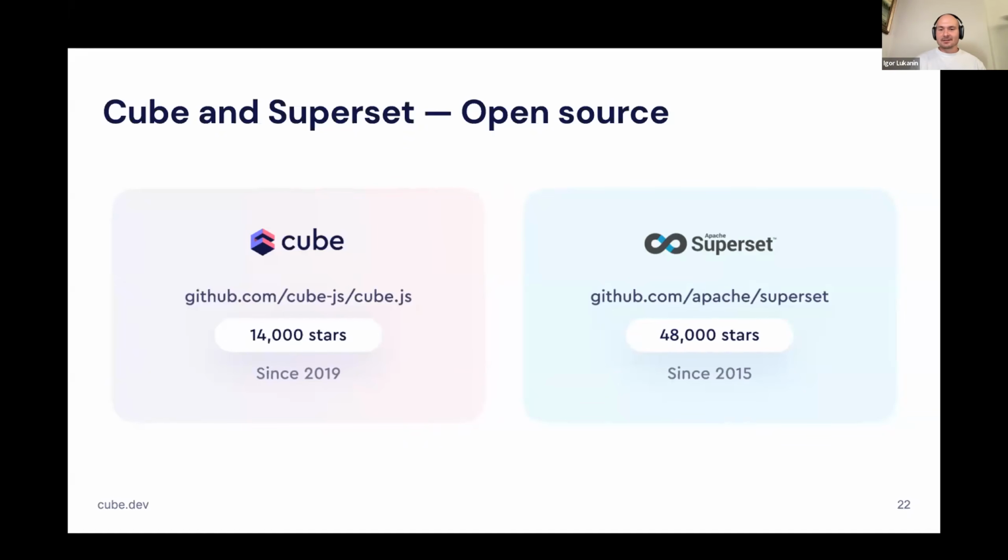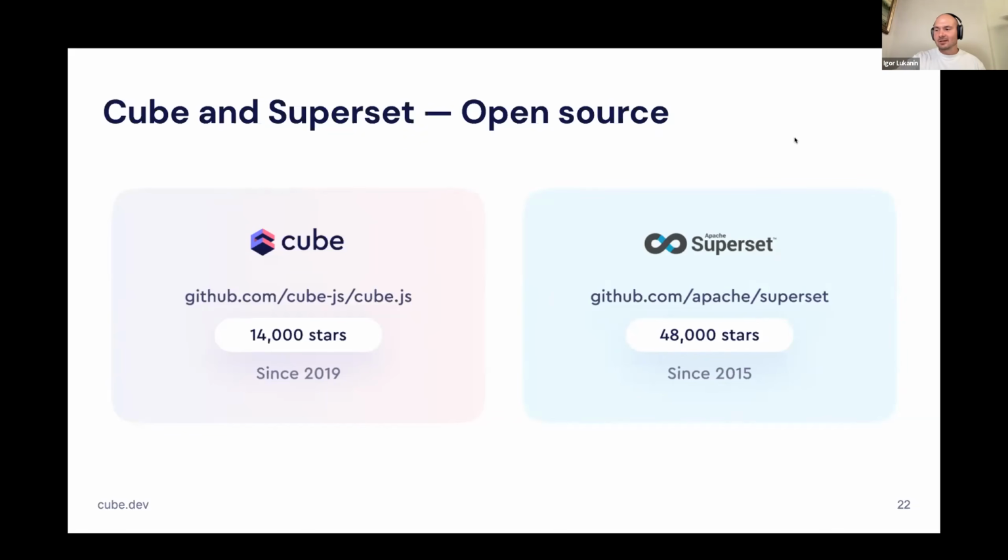So a few years after being open source at Airbnb, Superset was moved under the Apache Foundation umbrella, and now it's a very vibrant, very popular open source project. You can probably tell that by the number of GitHub stars that Cube and Superset have.